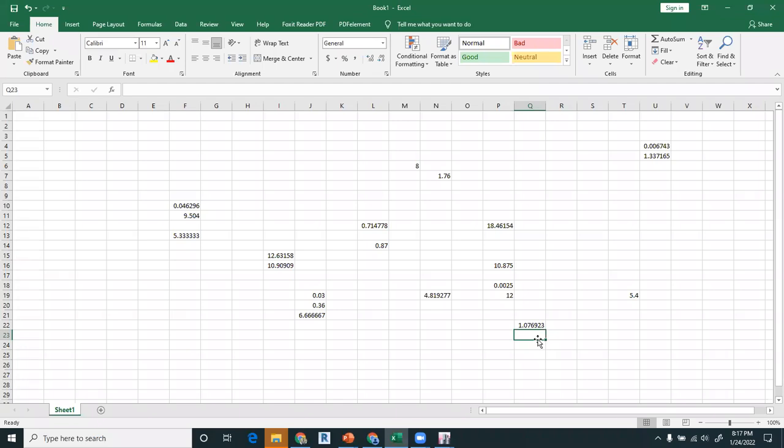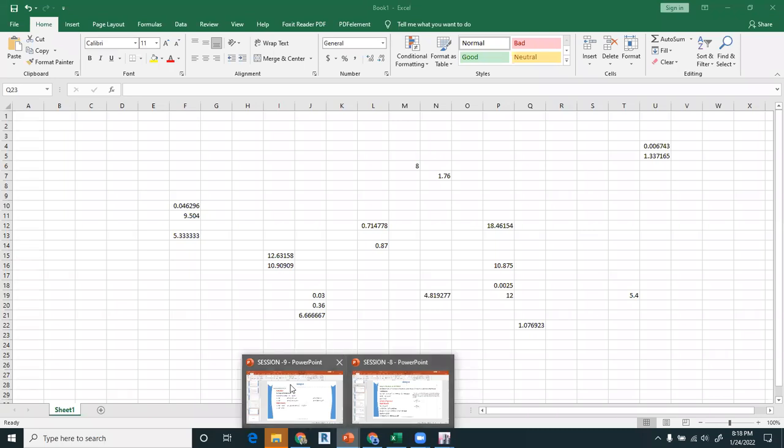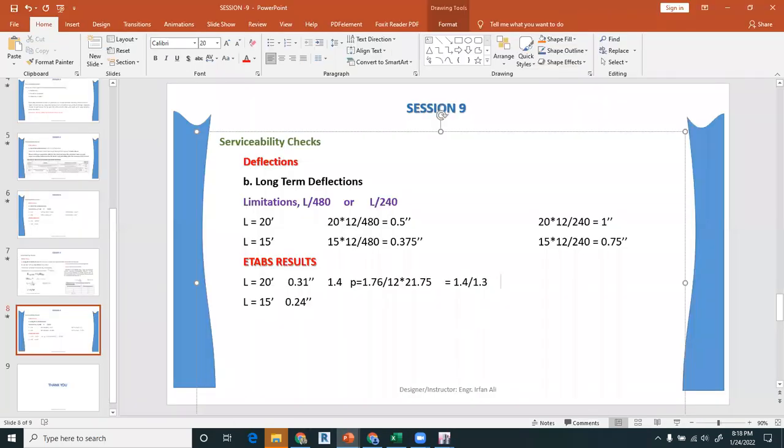It means that you have to increase the delta sustain by 7%, so you will get the long-term deflections for your system, right? This value comes out to be 1.07.